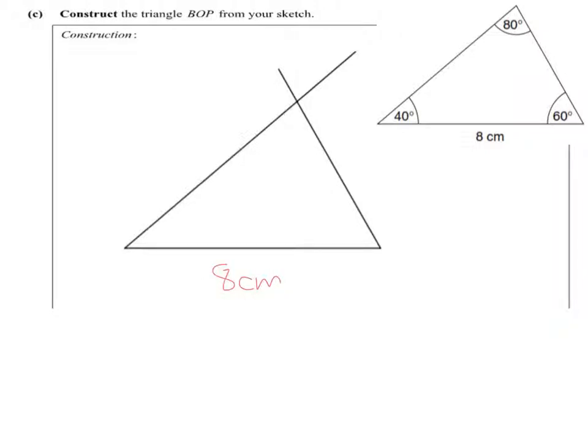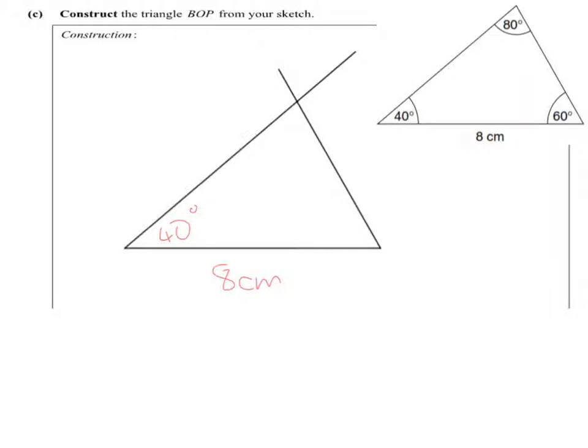The next thing I would do is take my protractor, and I would lay it down so that the center of the protractor is at the very end of my line, and I would measure an angle 40 degrees, and I would put a dot at the end of my protractor where it would match up at 40 degrees.